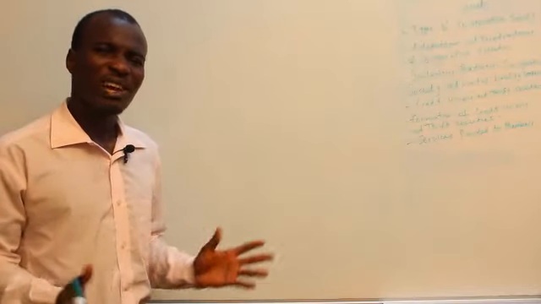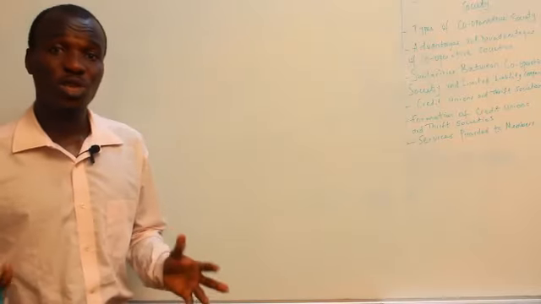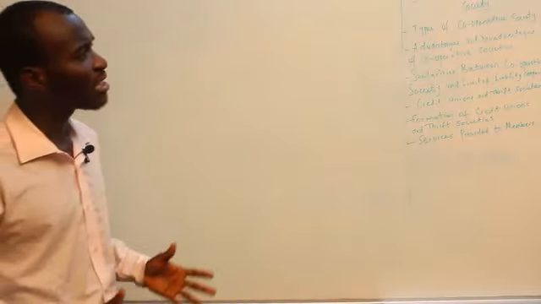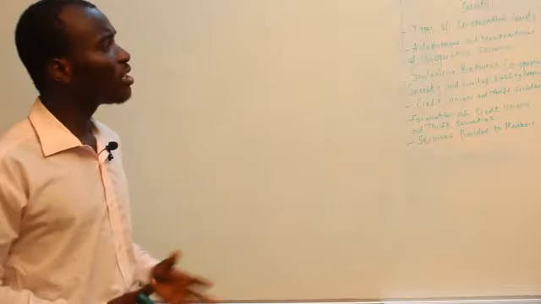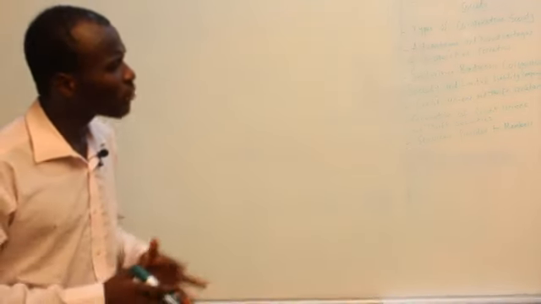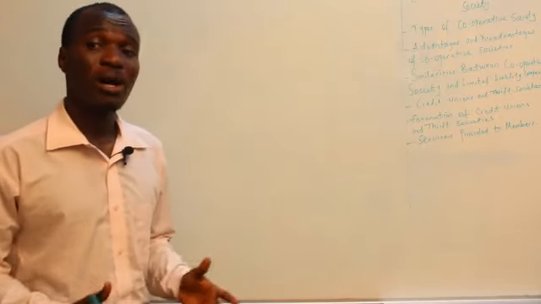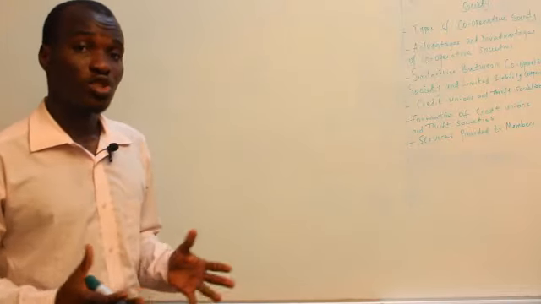We also looked at the types of cooperative society: wholesale, retail, producers, consumers, and multi-purpose. We looked at the advantages and disadvantages, the similarities and differences between cooperative societies and limited liability companies, credit unions and thrift societies, their formation, and the services provided to members.